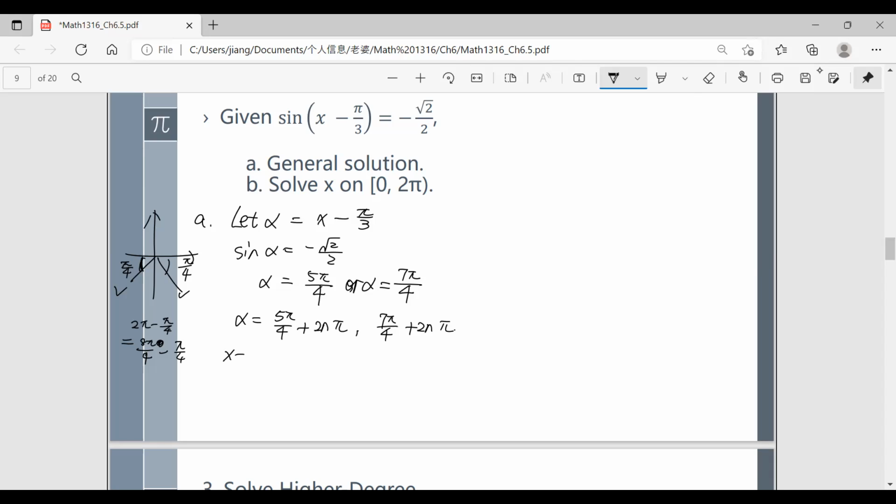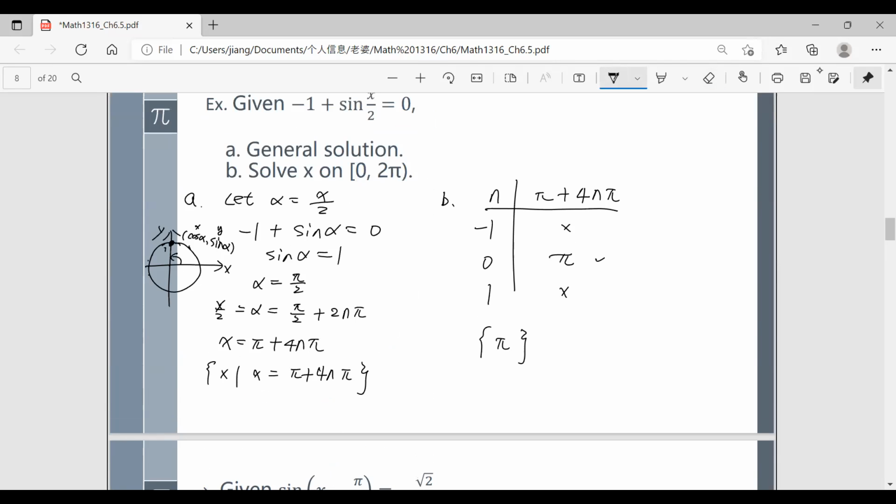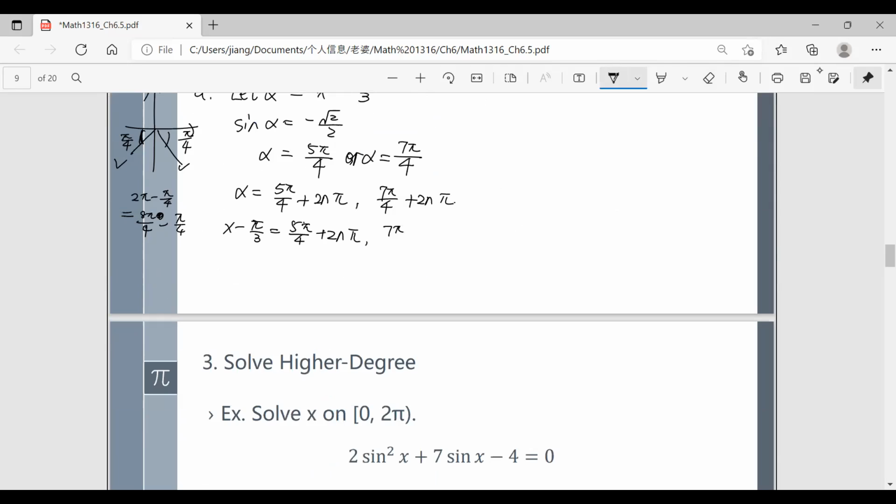So x minus pi over 3 equals, just copy down these two terms, 5 pi over 4 plus 2n pi, or 7 pi over 4 plus 2n pi. And then we need to isolate the x. So add pi over 3 to these two terms.